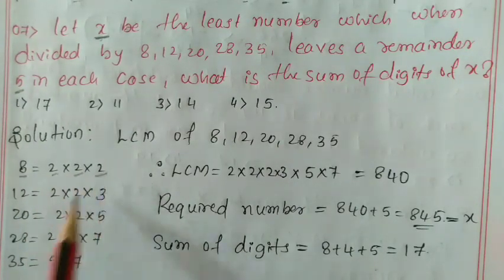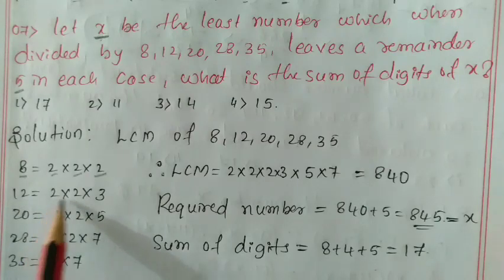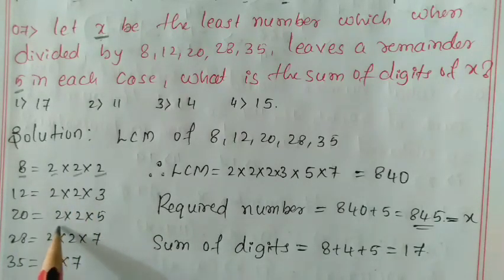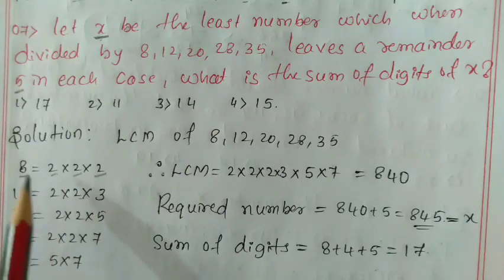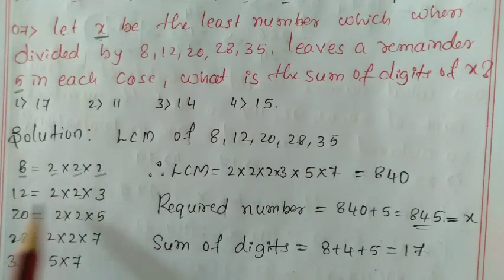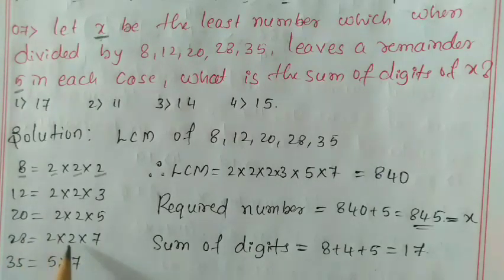Factors of 8: 2 into 2 into 2, and factors of 12: 2 into 2 into 3, 20: 2 into 2 into 5, 28 means 2 into 2 into 7, 35 means 5 into 7. So 2 2 2 are the factors of 8, 2 2 3 are the factors of 12, 2 2 5 are the factors of 20, and 2 2 7 are the factors of 28. 5 and 7 are the factors of 35.